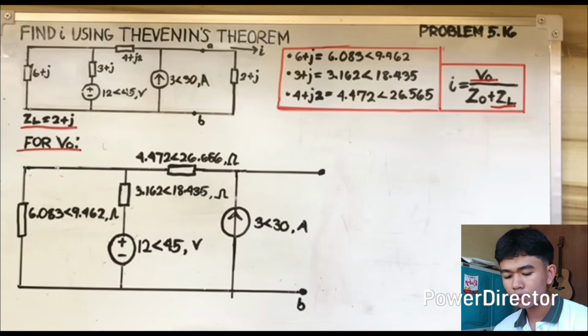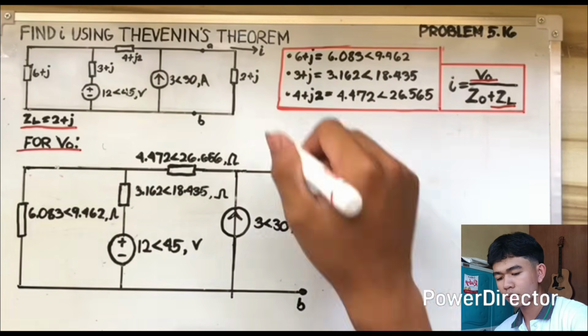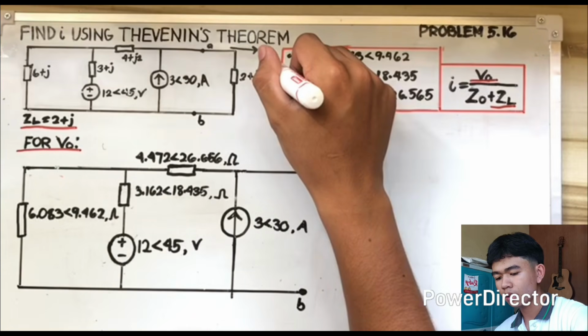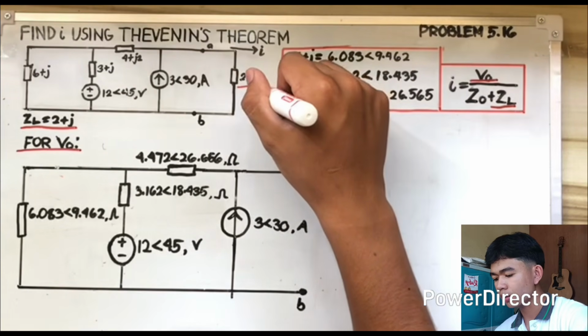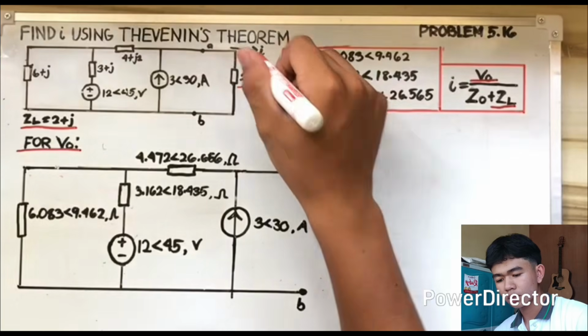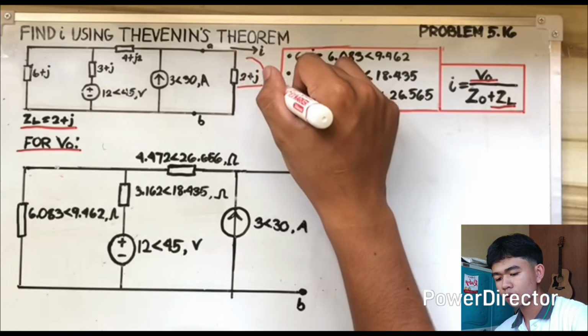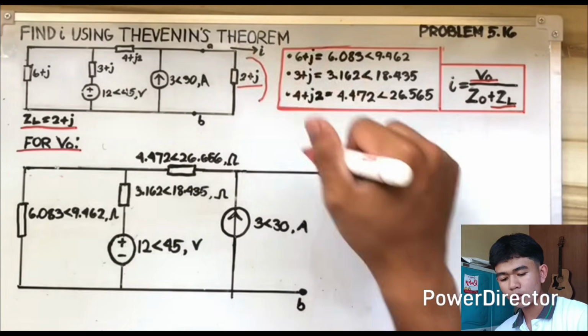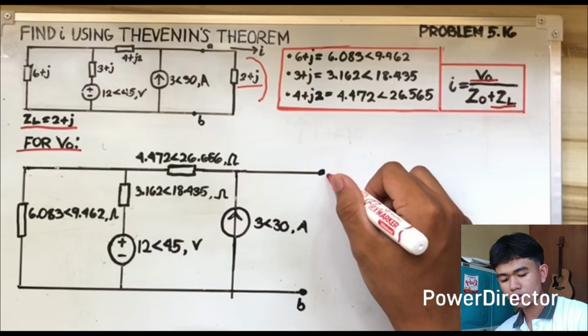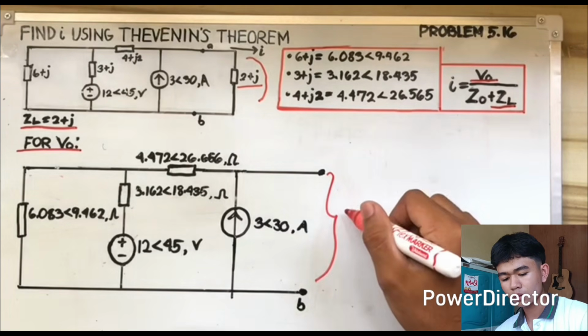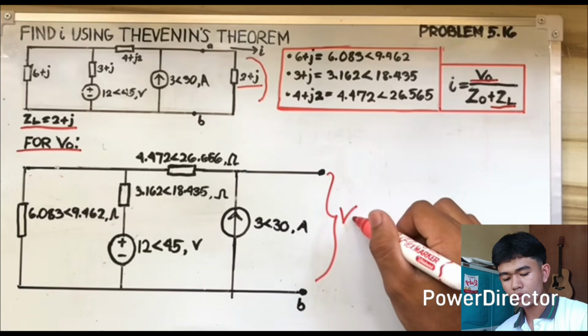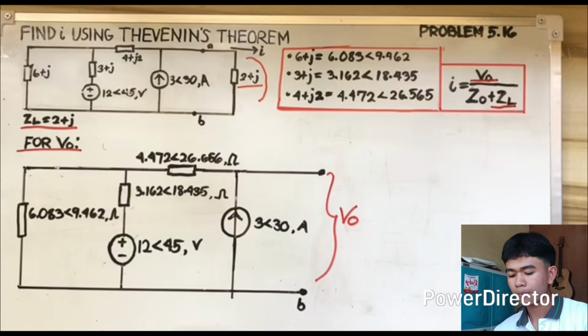In finding V sub O, we take the 2 plus j, which is our Z of L, so this part becomes open like this. So it will become the V sub O.